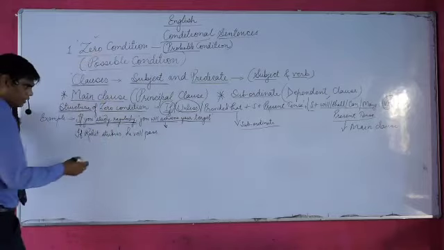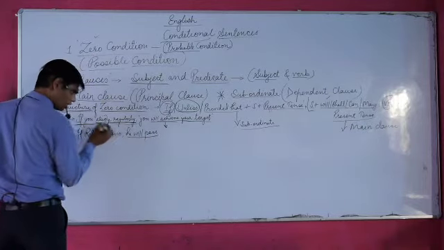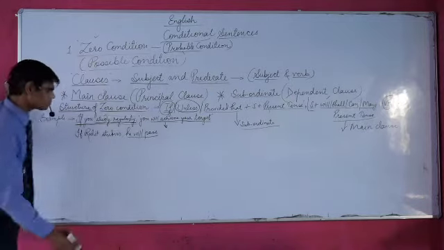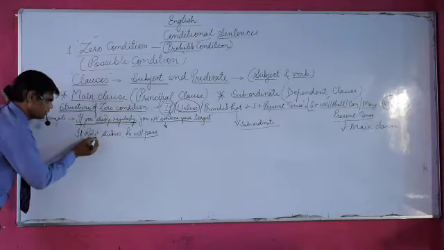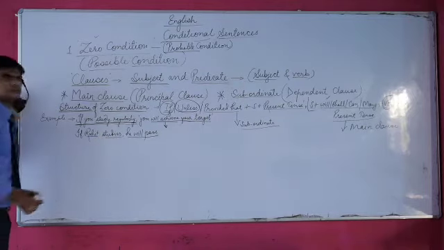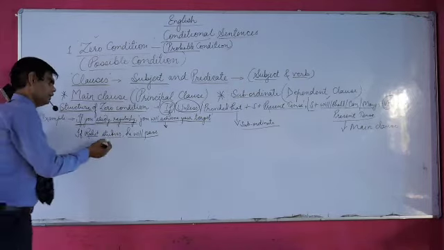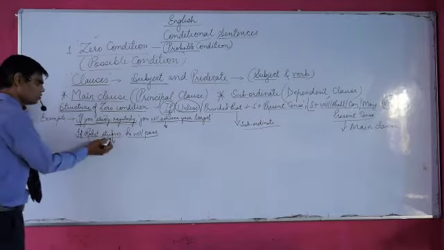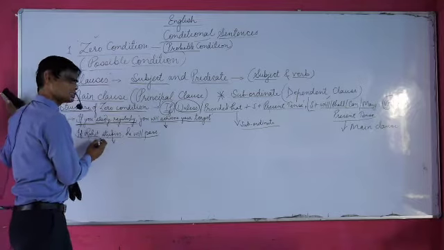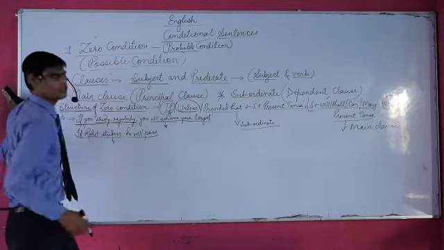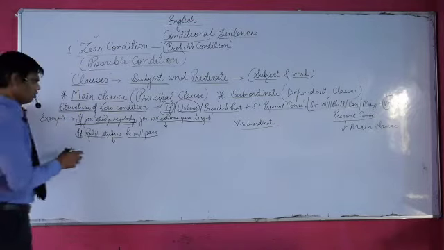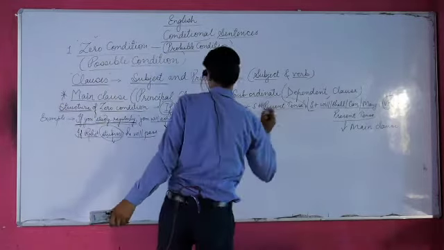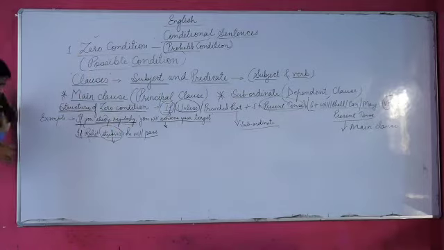Now look, he will pass is the main clause, that is the structure of the main clause. And if Rohit studies suggests the dependent clause. So this part is the dependent or subordinate clause, and this is the main clause. Look at it fulfilling the condition. It is present tense. Now some more examples I am giving you.